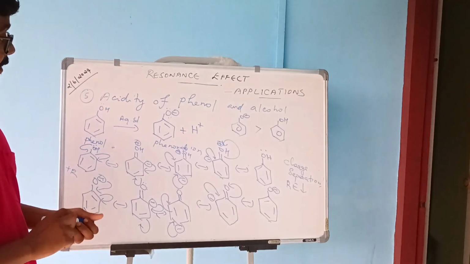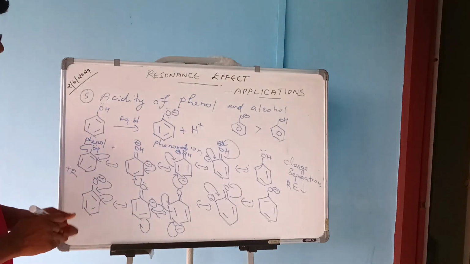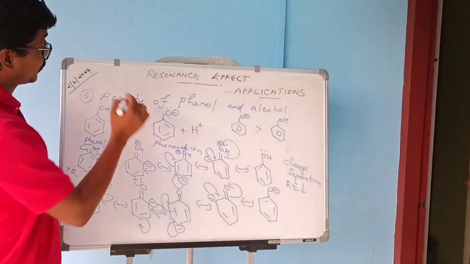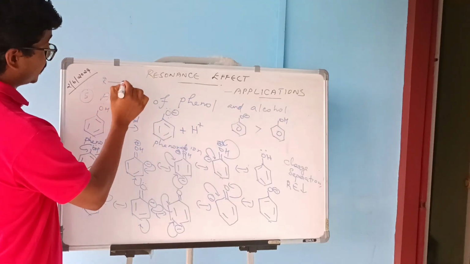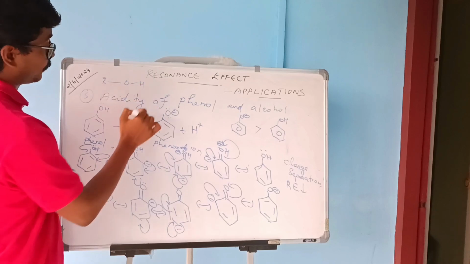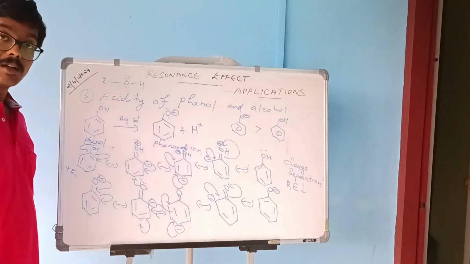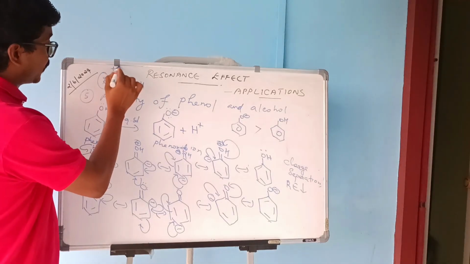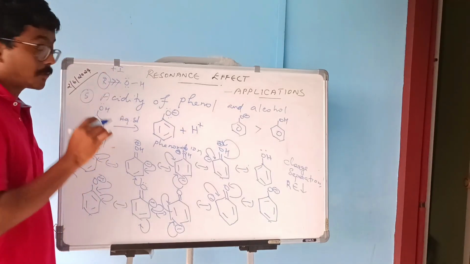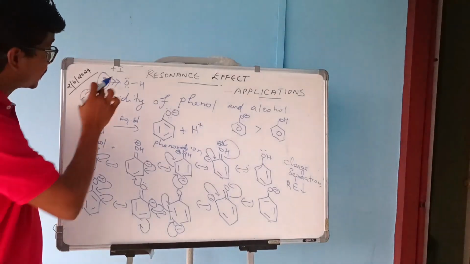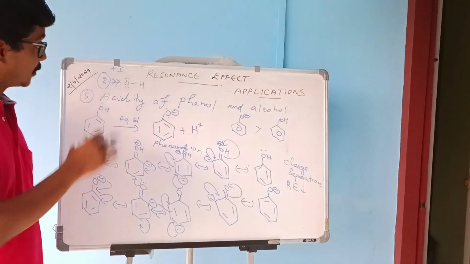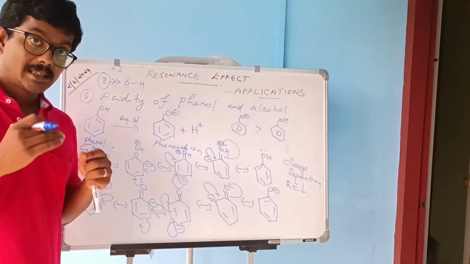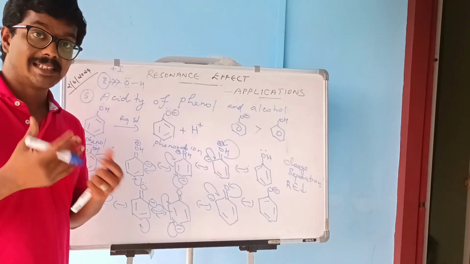So when we consider an alcohol, there is no space here, so I will write it here. An alcohol, see, OH. What will happen? Due to the plus I effect, the alkyl group releases electrons towards this oxygen. The oxygen already has lone pairs of electrons. What is an acid? The tendency to remove H plus ion very easily.